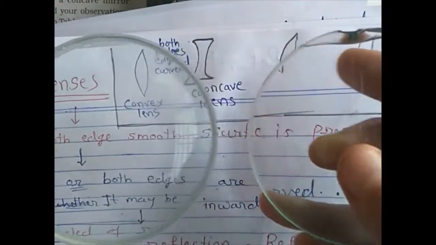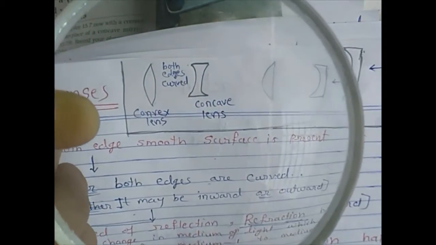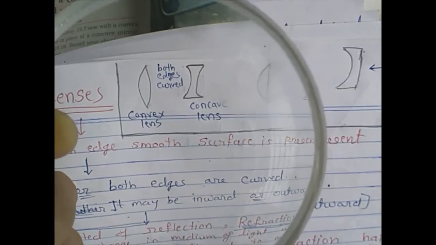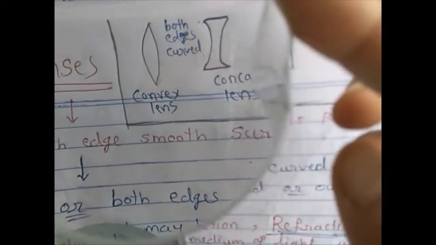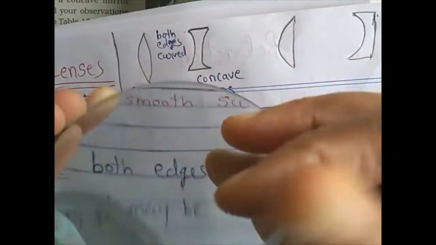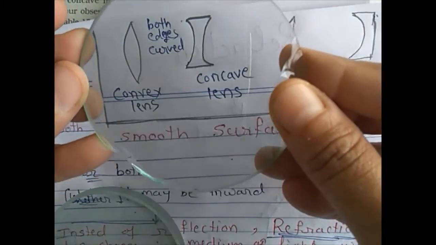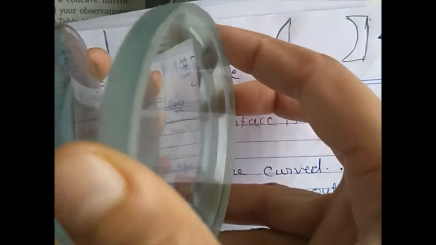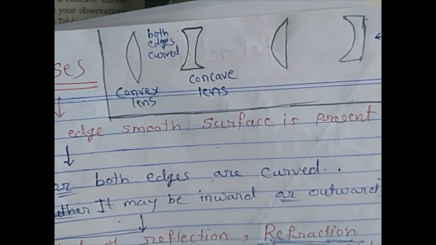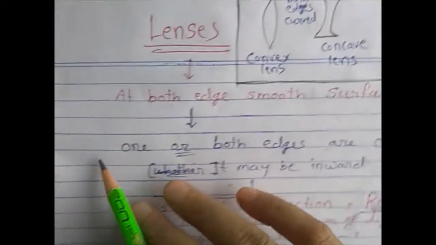Lenses are these, see, this is the concave lens and this is the convex lens. So we can see the magnified image here. Observe, we can understand the difference here.